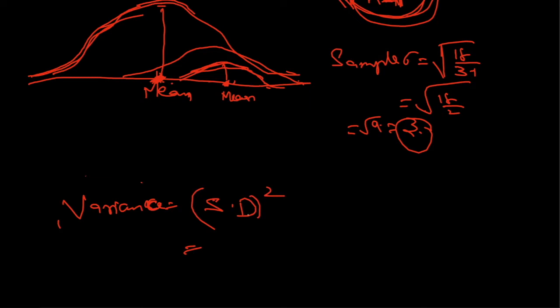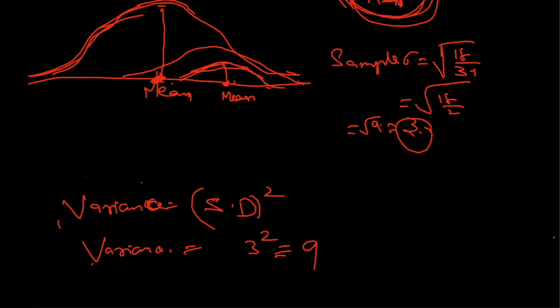So this will tell me how the numbers are spread out, how far the deviations are spreading. Standard deviation in this case is 3, so 3 square is equal to 9, and 9 becomes the variance. This is sample variance.